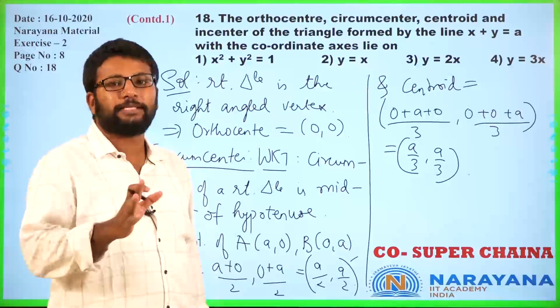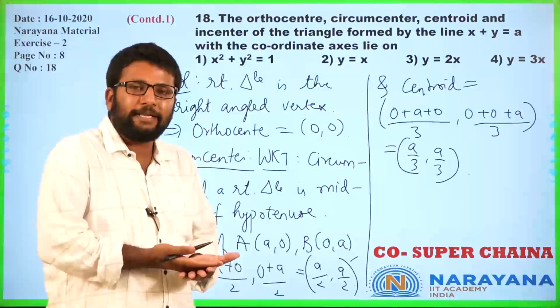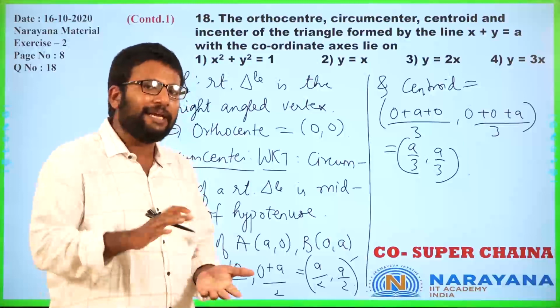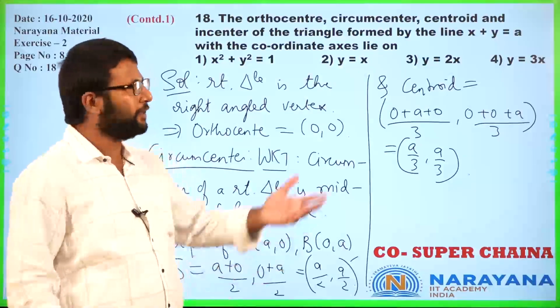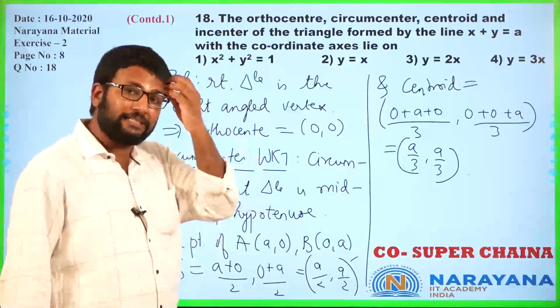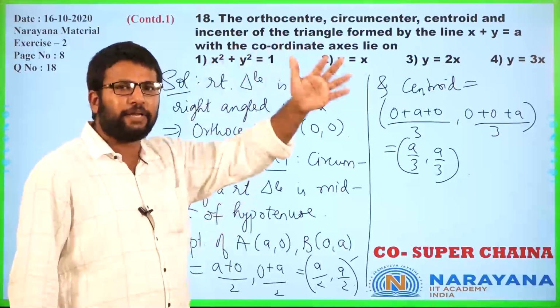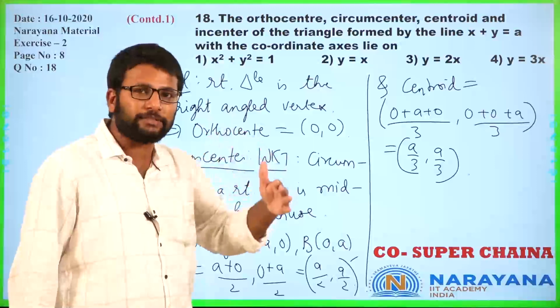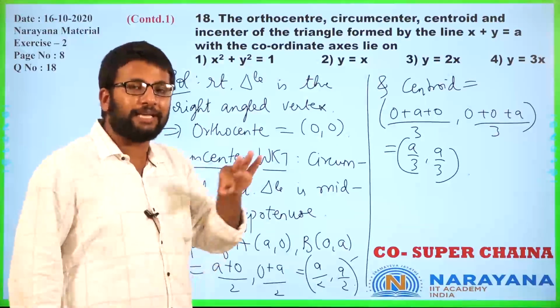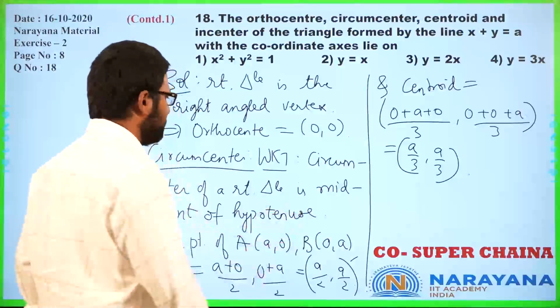Y equal to x. Because mathematically, if I want to write x and y coordinates are same, I will write it as x equal to y or y equal to x, right? Which is option 2. Okay? Understand, it's a very basic thing. Later you will realize the graph of y equal to x and all those things. But the most basic point is on y equal to x, every point, its x and y coordinates will be same, right?